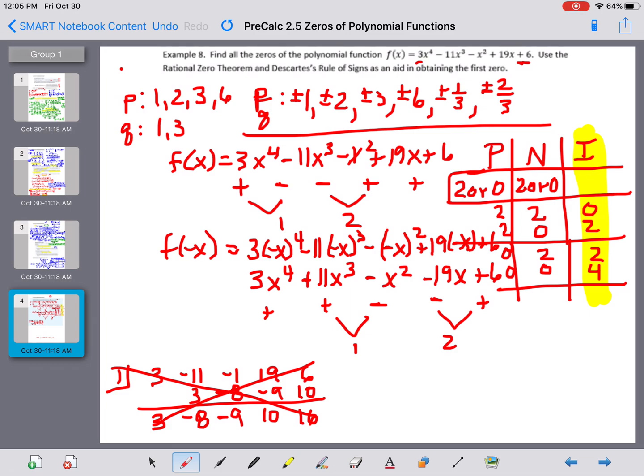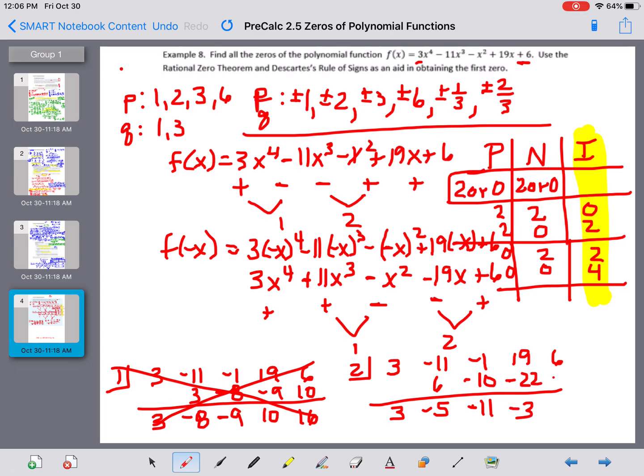You want to go to the next positive, which is 2. So I have 3, negative 11, negative 1, 19, and 6. Bring down the 3. 2 times 3 is 6. Add, I get negative 5. Times 2 is negative 10. Add, I get negative 11. Times 2 is negative 22. Add going down, I get negative 3. Times 2 is negative 6. Ding, ding, ding, we got 1.